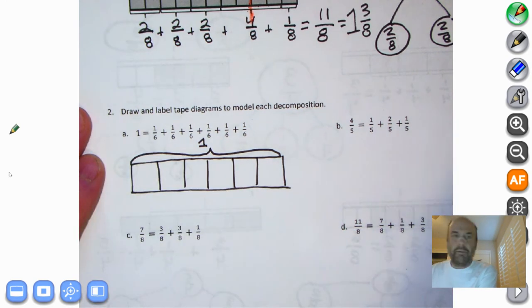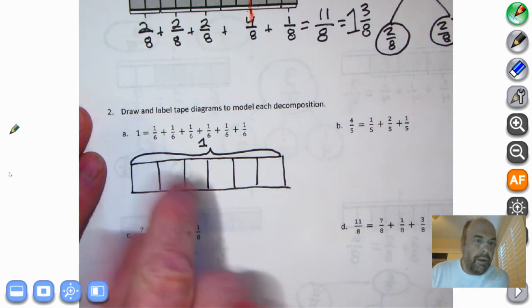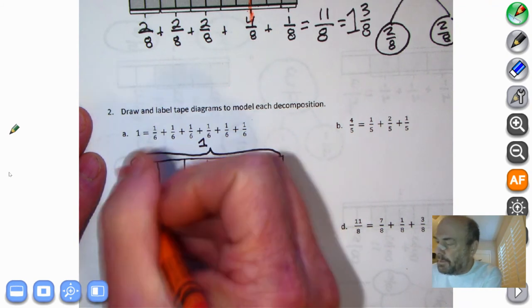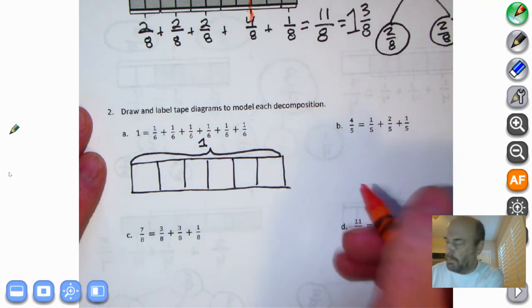Now, I'm going to take out my crayon. You can take a crayon or a pencil, whatever you want. We have 1/6 plus 1/6 plus 1/6 plus 1/6 plus 1/6 plus 1/6 plus 1/6.